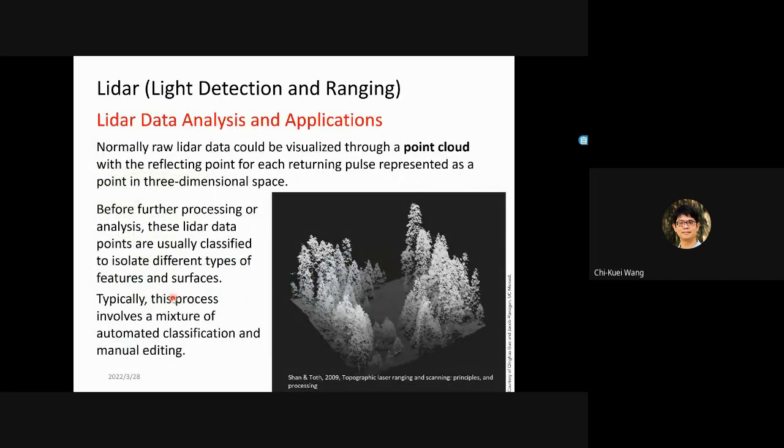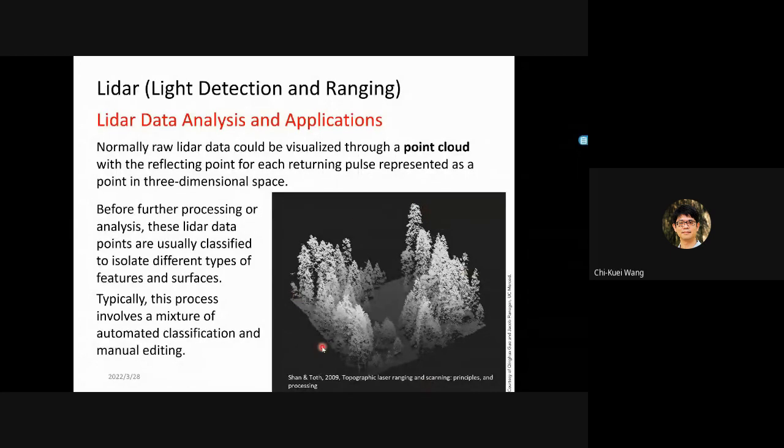Now I'd like to give you some examples with the airborne LiDAR. For airborne LiDAR data analysis and applications, usually the raw LiDAR data are just visualized as a point cloud, such as this one.